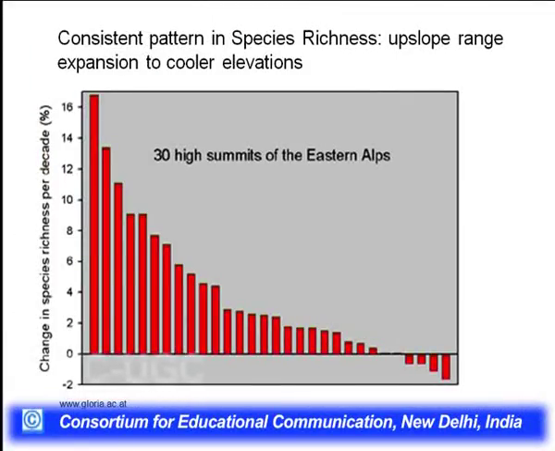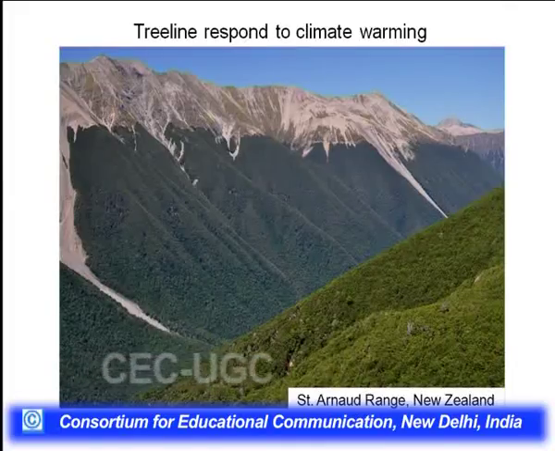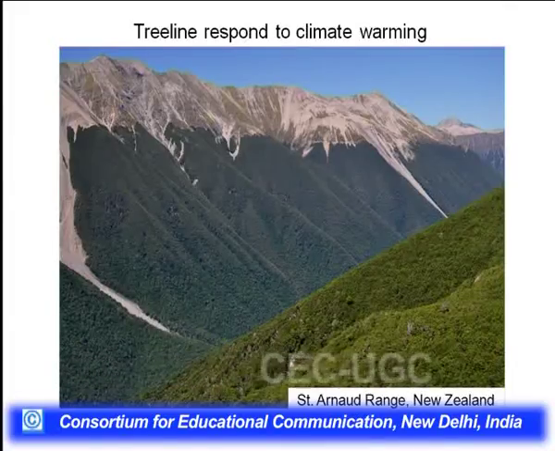Then it is very important to analyze the consistent pattern in species richness, particularly the upslope range expansion to cooler elevations. Now, you can see this data, the change in species richness per decade, and you can see that continuously we have a declining figure. Tree line responds. Tree line is generally considered very appropriate in response to climate warming.